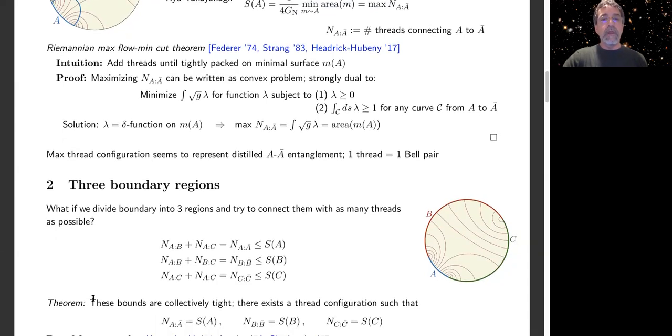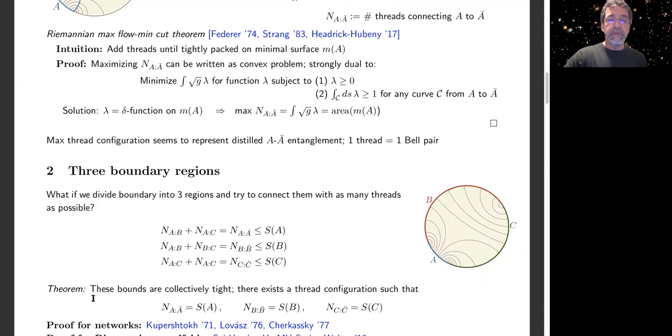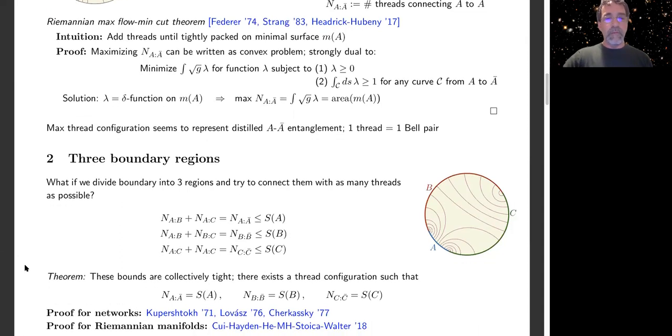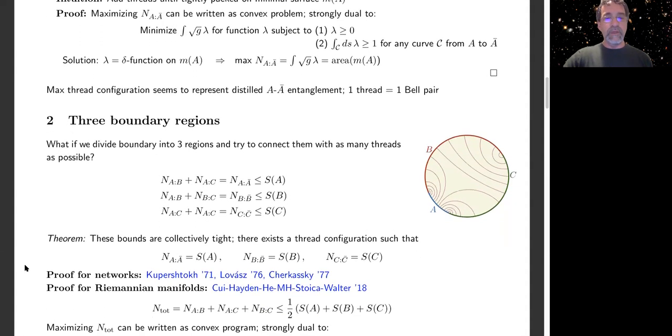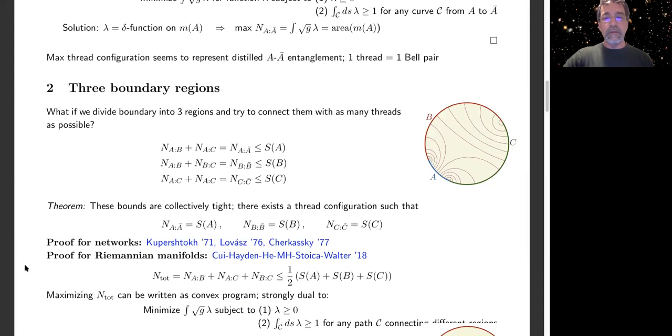So there's a single thread configuration that calculates simultaneously the entropy of all 3 of these regions. That's an old theorem from network theory, but to prove it in the continuum, we adapted this convex optimization technique. And so let me just run through that.